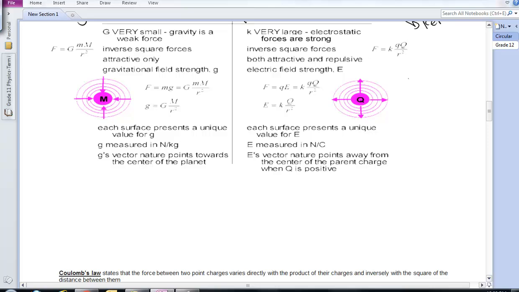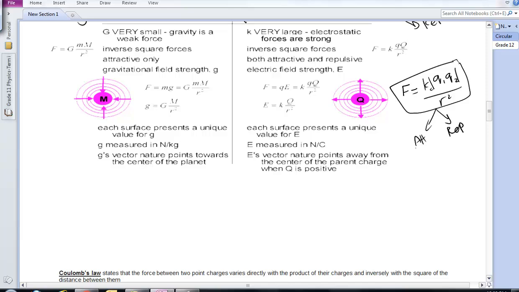Here we used a similar shape, but different formula, different physical quantities. So the force is equal to Kc Q1 Q2 over r squared, and don't forget the absolute value. So the force cannot be negative, it is always positive, but you need to clarify your answer whether your force is an attractive force or a repulsive force.